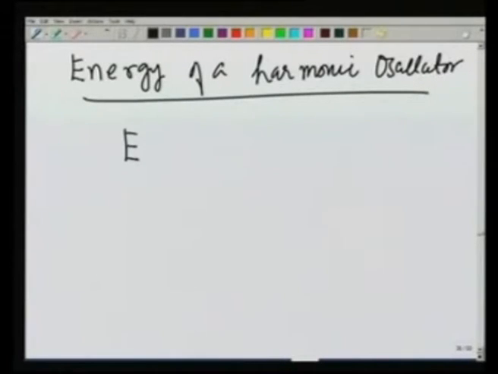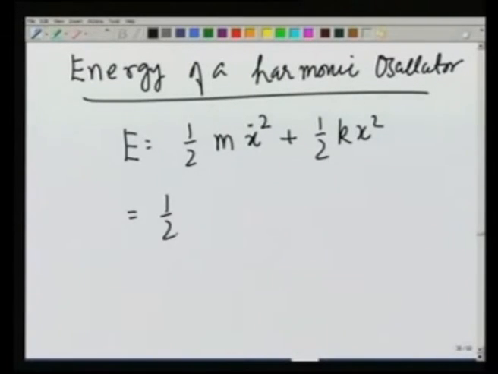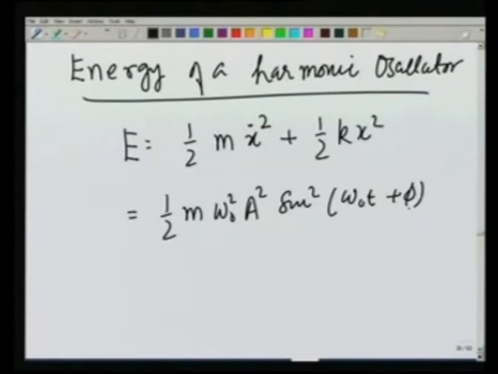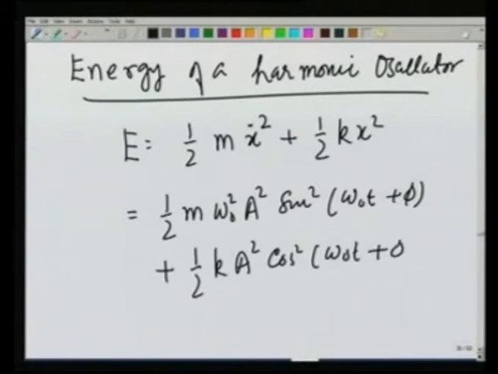Energy for any system is given as 1/2 m x dot square, which is the kinetic energy, plus 1/2 k x square, which is the potential energy, which in this case would become 1/2 m omega 0 square a square sine square of omega 0 t plus phi, plus 1/2 k a square cosine square of omega 0 t plus phi.